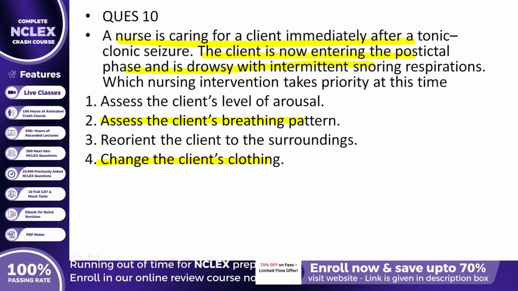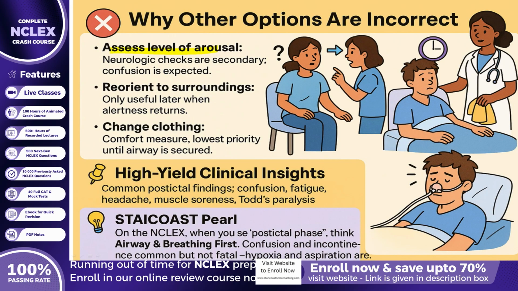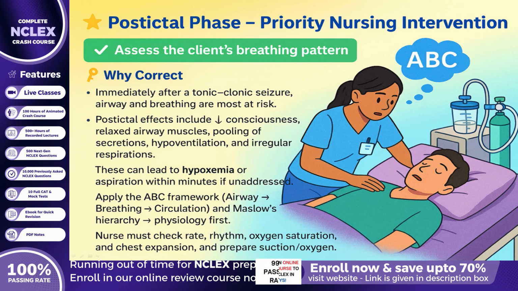This is the most important action because in the immediate postictal phase, the airway and breathing are at the highest risk of compromise. Seizures often result in decreased consciousness, relaxation of airway muscles, pooling of secretions, hypoventilation, or irregular respirations. These factors can quickly progress to hypoxemia or aspiration if not identified and managed promptly.